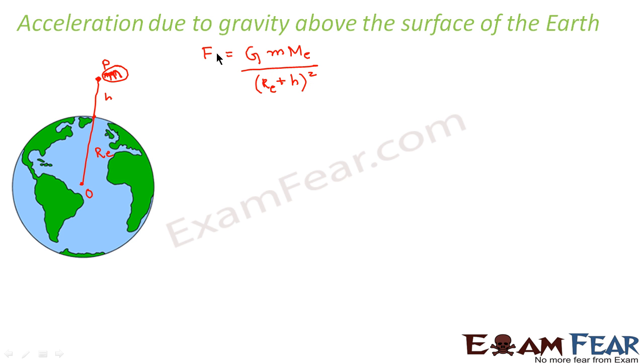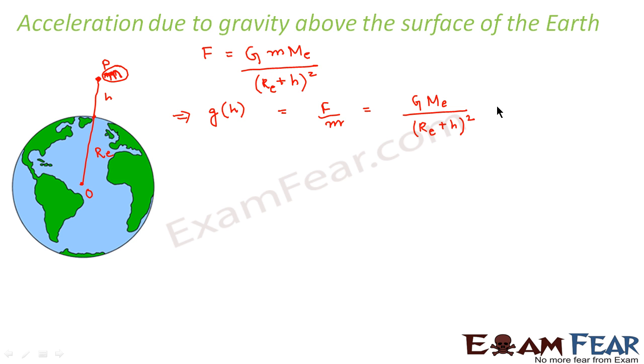Now again here we are calculating g of h, that means the value of g at a height h above the surface of the Earth. So g will be equal to F by m, which equals G M E divided by Re plus h whole square.